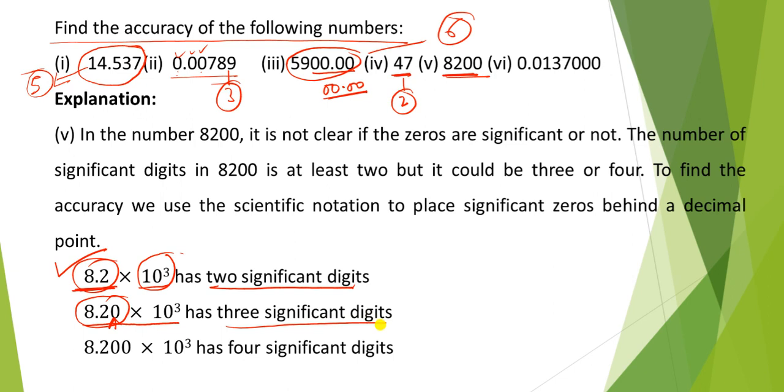Now if we write 8200 in the form of 8.20 × 10³, because here 0 is a trailing zero and trailing zeros are significant, this number has 3 significant digits. If we write 8200 as 8.200 × 10³, then this number has 4 significant digits.